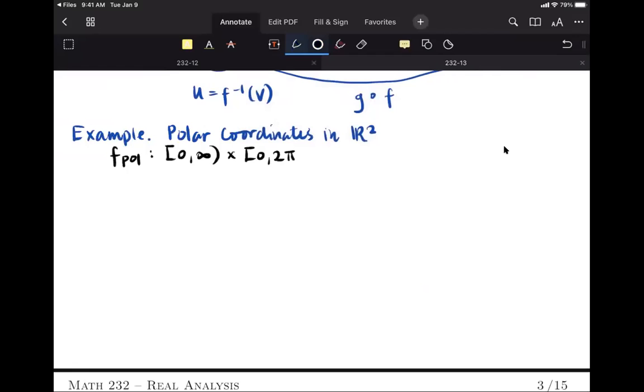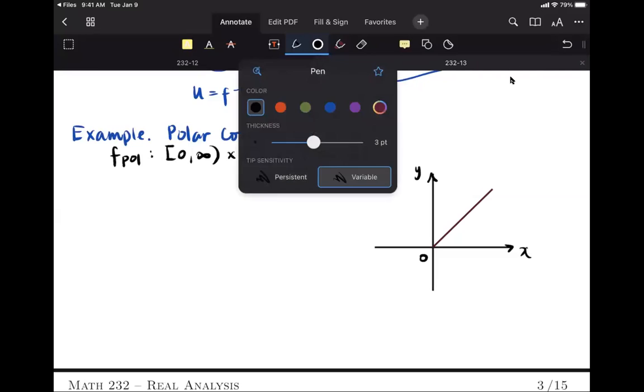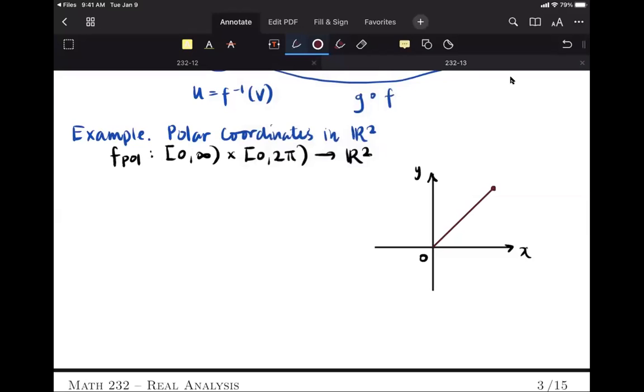So this is a map on this Cartesian product into R squared. Suppose let us consider the Euclidean plane, and I have a point with coordinates x, y. Then we can write this as a pair where we have r as the length and let's say phi as the angle.